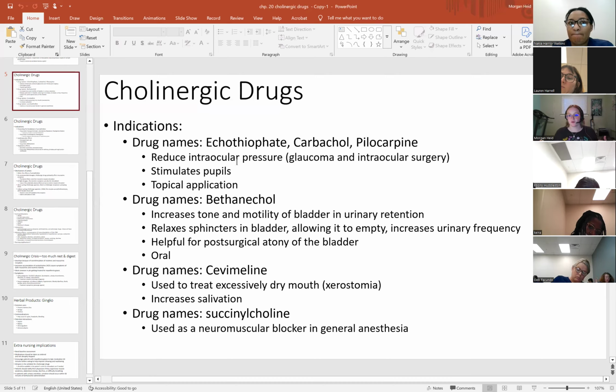I know it can be kind of confusing that we're treating similar disorders with adrenergic and cholinergic drugs, but different mechanisms of action could help different patients, depending on what issues are going on with their glaucoma. Here it's actually going to make the pupils constrict.